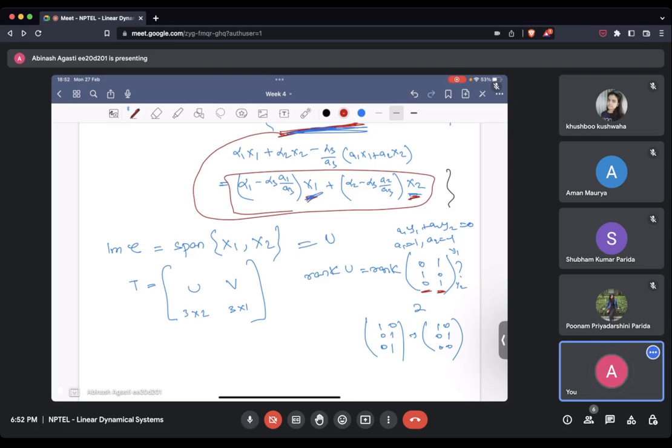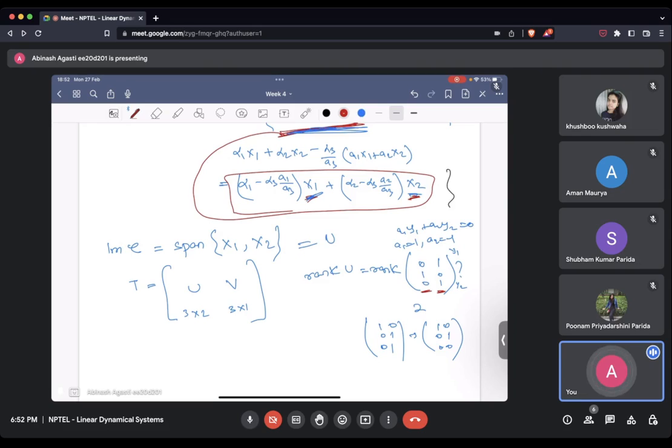If it had two columns, one of which is dependent on the other, then its rank would have been 1. So that is the basic definition of rank. This determinant equal to 0 is something that comes out of some derivation from this definition.